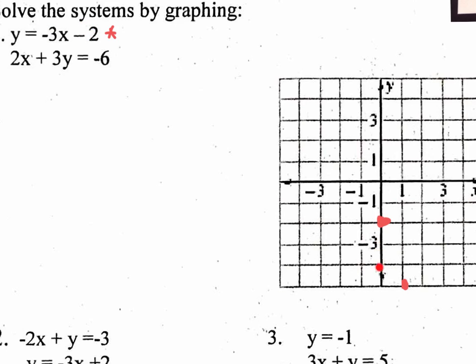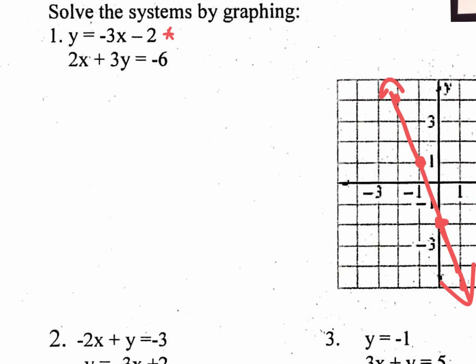Then I go down 1, 2, 3, over 1. There's my line. Now, if my line is too small, which it is, you might want to use the same pattern of the slope of down 3 over 1, but backwards. Over 1, up 3, over 1, up 3. So you can make the line as long as you need to make it. Cool? Okay, now, at this point, let's graph the other line.